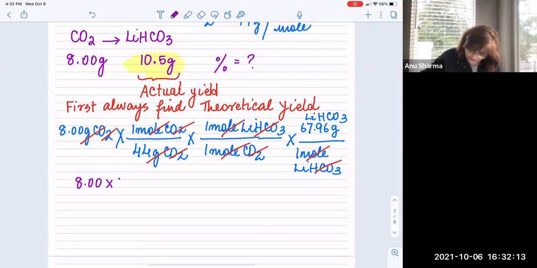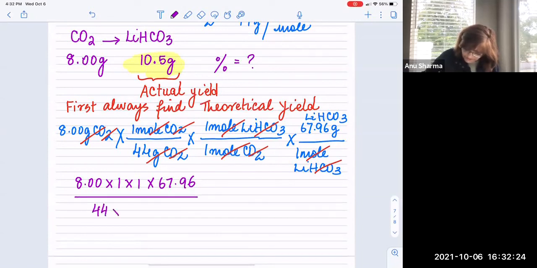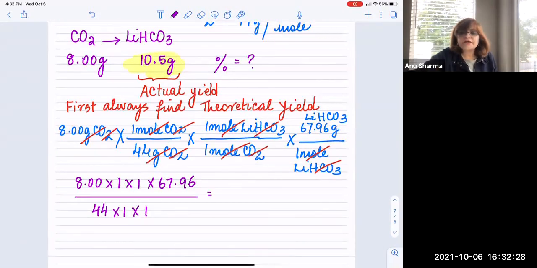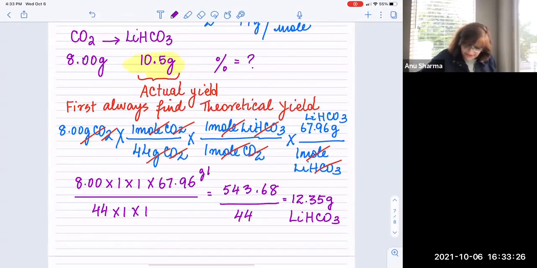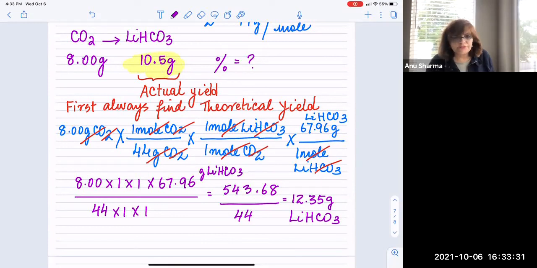So now let's do the math. 8.00 times 1 times 1 times 67.96, divided by 44 times 1 times 1. When you do the math, 543.68 divided by 44 gives you 12.35 grams of lithium bicarbonate.